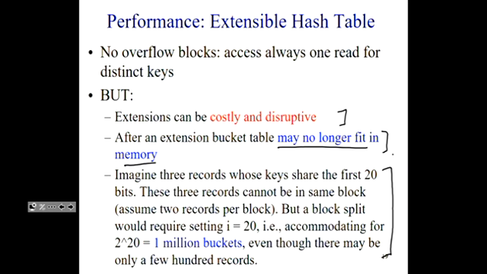So let's say you had 3 records that intersected in the first 20 bits. You would end up having a bucket table that was order of 2 to the 20 even though you have only 3 records. So you were initializing more buckets than you absolutely needed, more buckets than the number of records. That is not desirable. So these are the issues with extensible hashing.